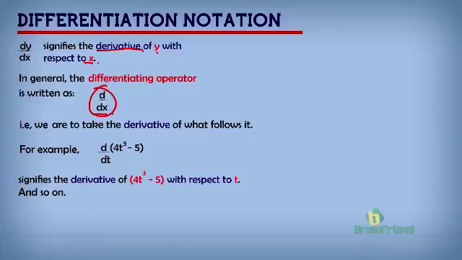So if you have a d dt of 4t cubed minus 5, it simply means that you are differentiating the function 4t cubed minus 5 with respect to t. So d dx is also the differentiation of a function with respect to x. In this case, our function here is y. That's why we have y there. So we have dy dx, which spells out as the derivative of y with respect to x.